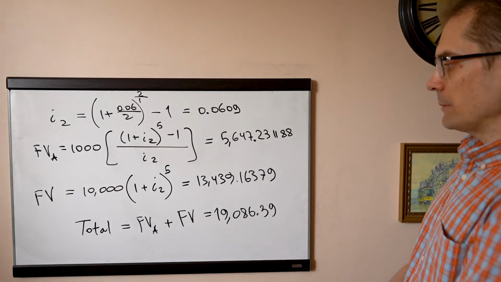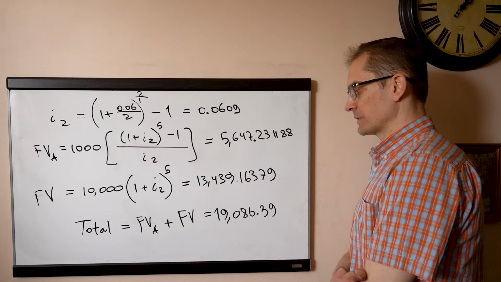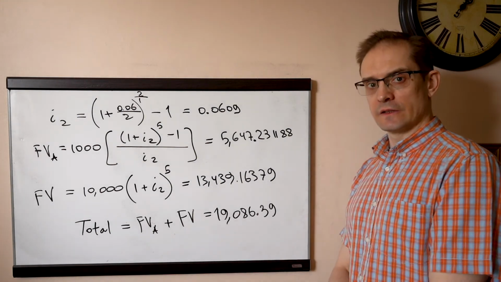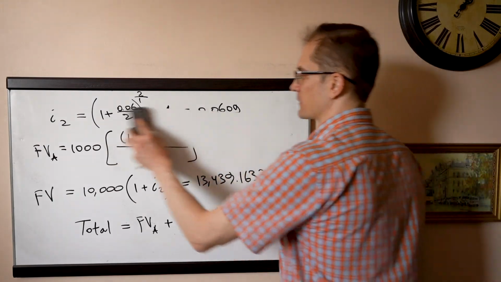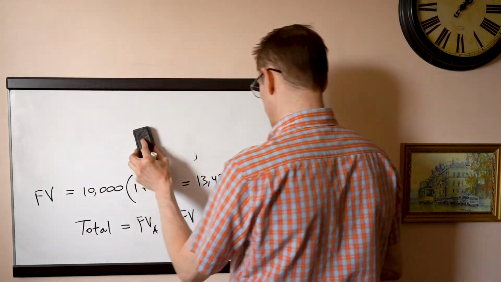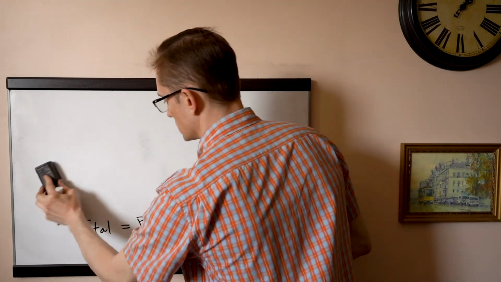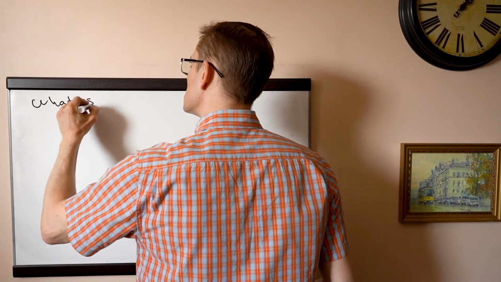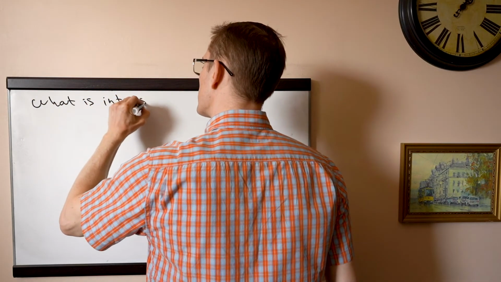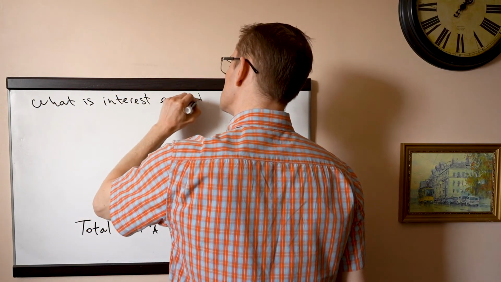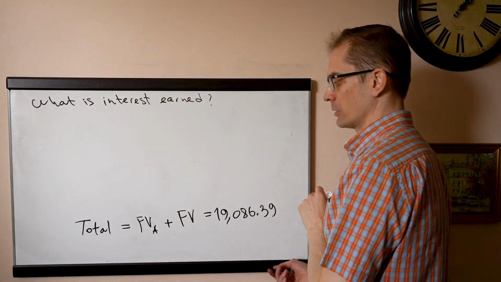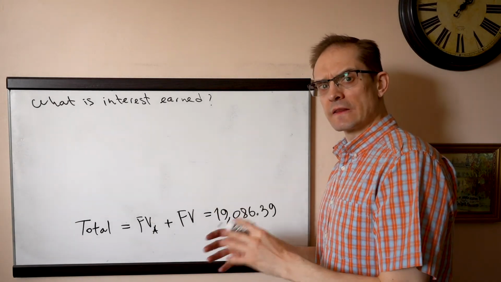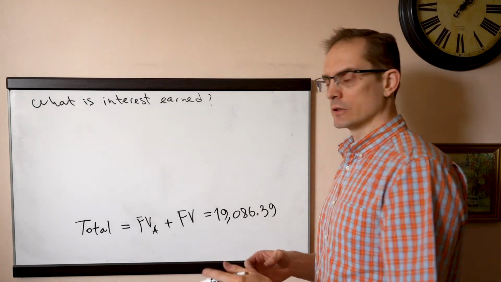Now, maybe a good question to ask is, what is the total interest earned in this situation? Okay, so let's ask that question and try to answer it. So what is the interest earned? Well, in this case, it's not only the annuity, the $10,000 also gives us interest, right?